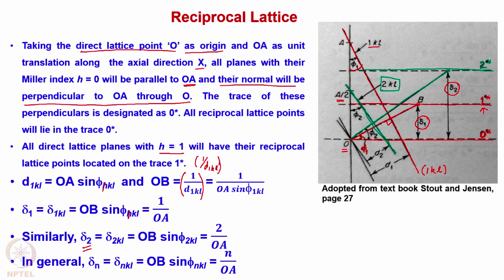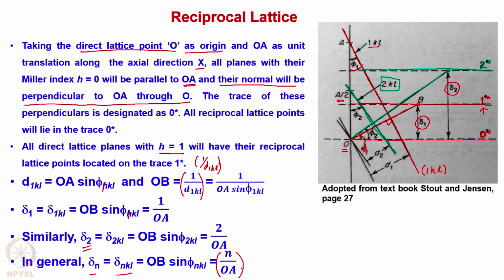So for a general hkl reflection, or nkl reflection, where n can be 1, 2, 3, 4, anything, in general, delta n, which is delta nkl, is nothing but n by OA.